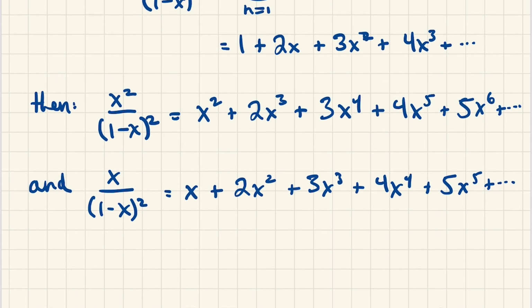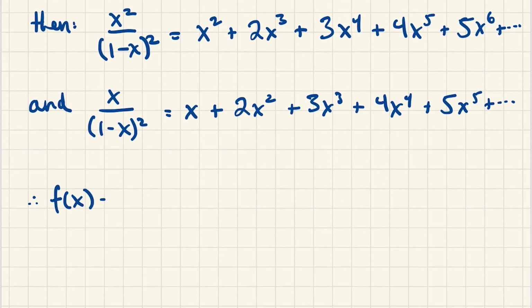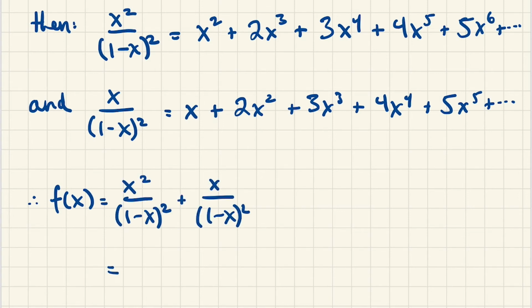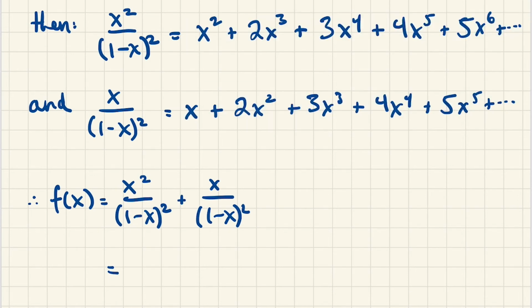Okay, so why are we doing this? Well, f of x, which is of course just the sum of these things, is going to be the sum of all of these terms. So this is actually pretty easy because we only have one x, and then we only have 2 terms with an x squared, and 2 terms with an x cubed, and 2 terms with an x to the 4th, and so on.